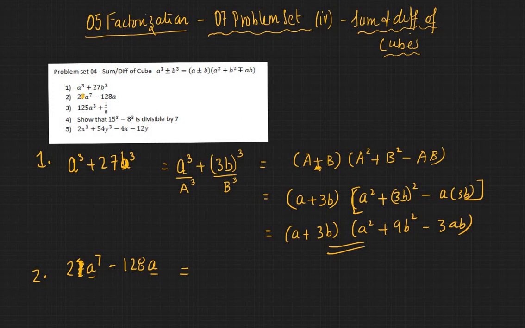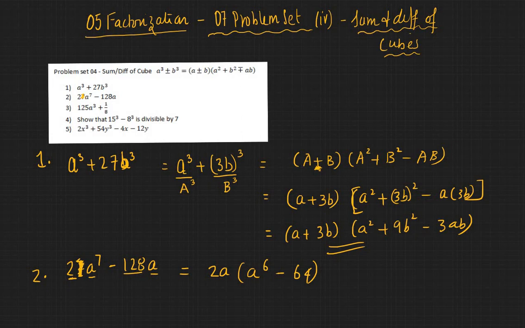So you can take your 2a outside, because 2 and 128 have 2 as a common factor, and a power 7 and a have a as a common factor. So you can write this as 2a into a power 6 minus 64.